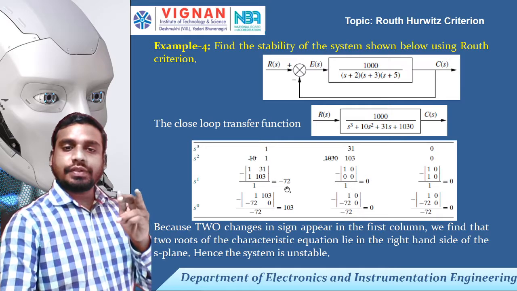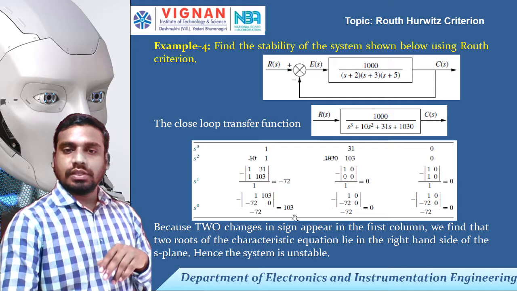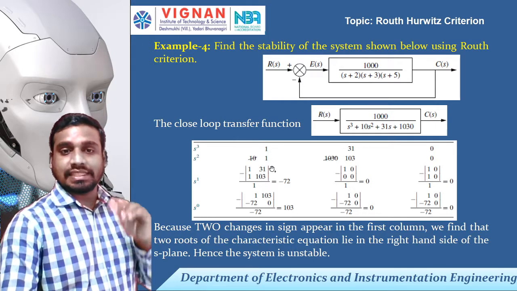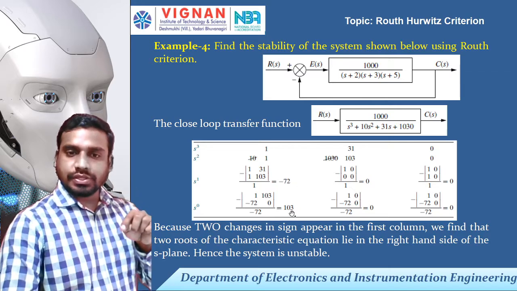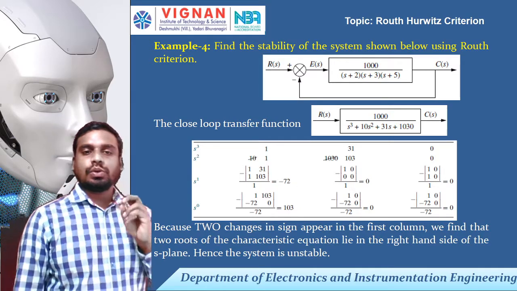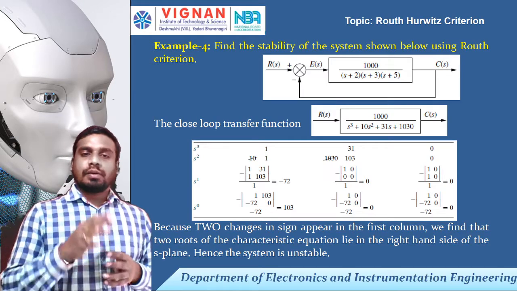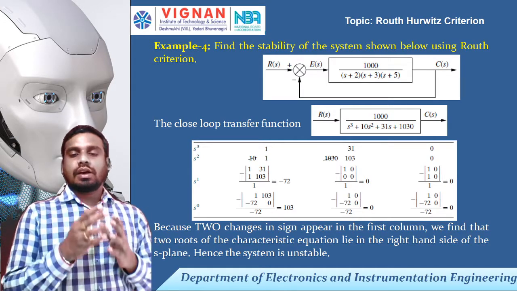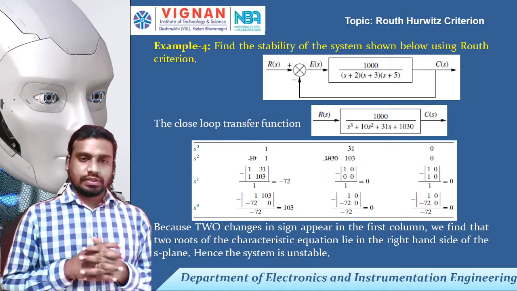And again it shifts from negative to positive when you write s power 0. How many changes actually? Positive to negative is one change, negative to positive is another change. So two changes. Therefore, from this we can estimate that there are two poles lying on the right half of the s plane.